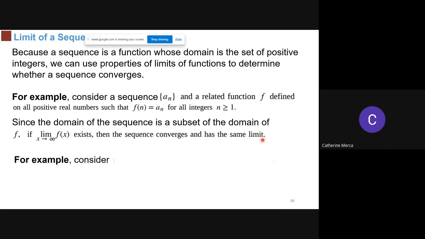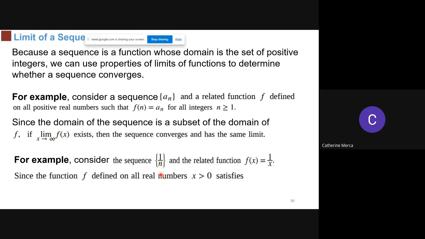For example, the sequence 1 over n and the related function 1 over x. We know that the function is defined for all real numbers, but x should be greater than 0. It should satisfy f of x equals 1 over x approaches 0 as x tends towards infinity.